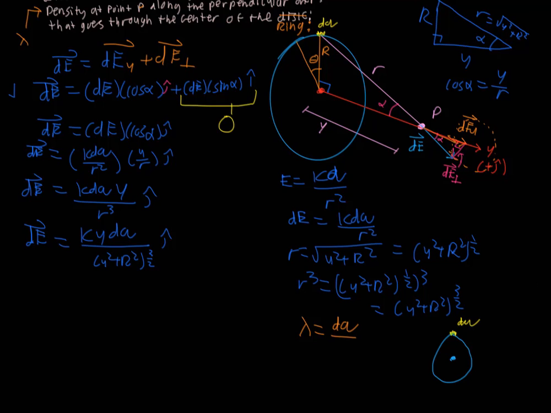So this is dq, and then there's this really small angle here, which we'd call d theta. And so the length of this arc along the circle that dq is along would be ds. So this is going to end up being ds.